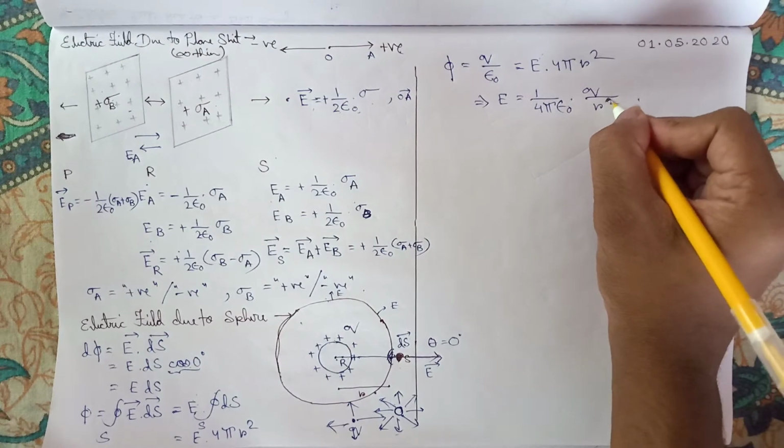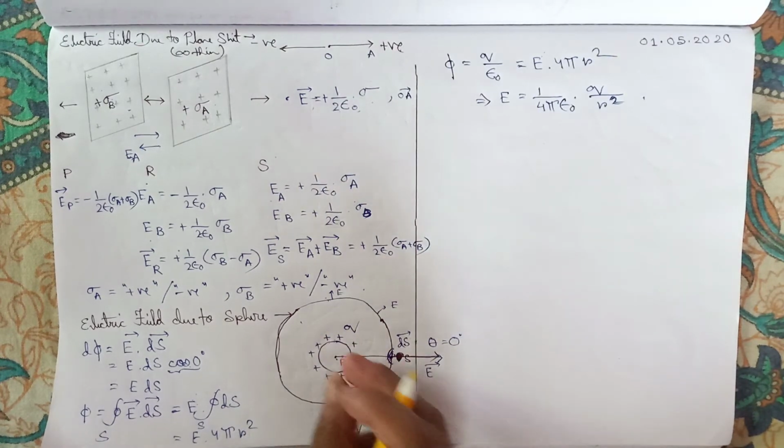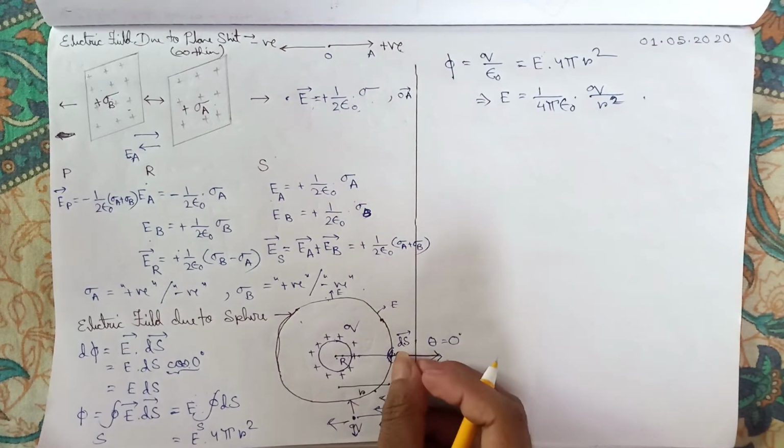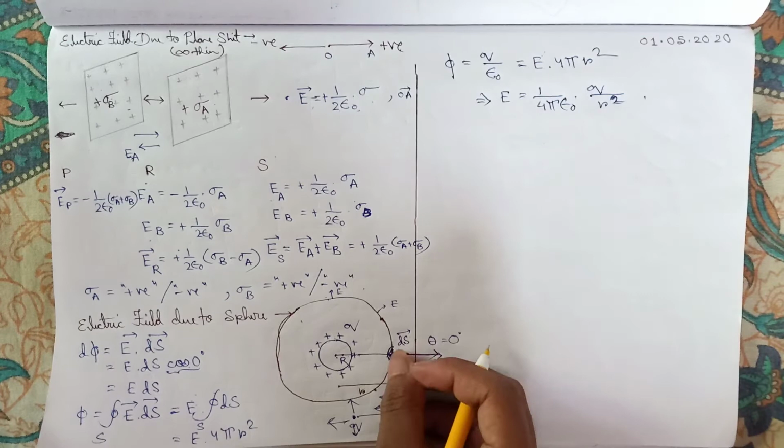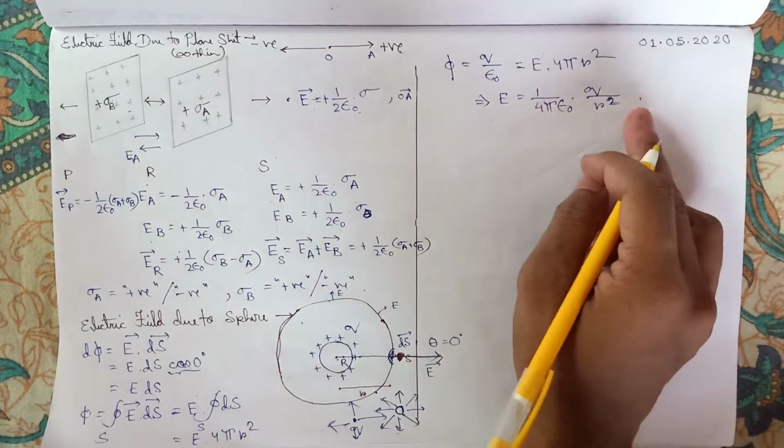From Coulomb's law we have already seen, if this shell is considered as a point charge, and this is also a point charge, then the electric field due to that point charge is the same as this.